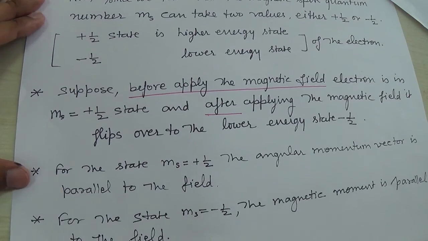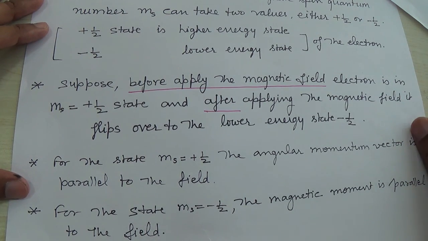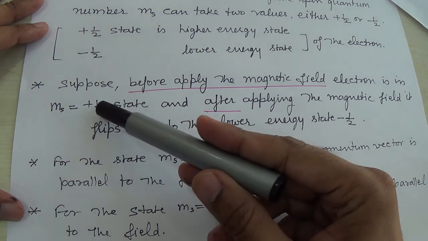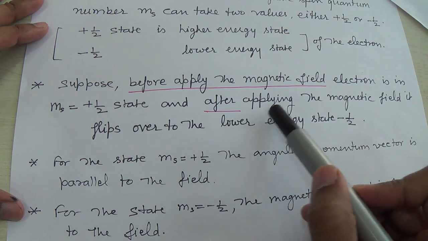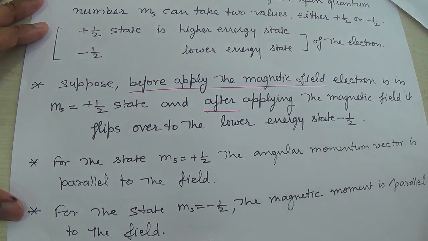So suppose before applying the magnetic field, the electron is in the higher energy state, that corresponds to ms is equal to plus 1 by 2, and after applying the magnetic field it flips over to the lower energy state, minus 1 by 2, right?